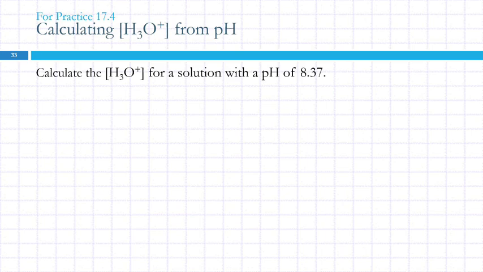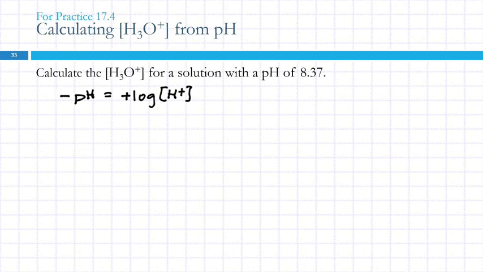What if we're given the pH and we want to know the hydrogen ion concentration? That's the equation we have. We need to solve this for the H+. Well, we can divide or multiply both sides by -1, right? Get that out of the way.